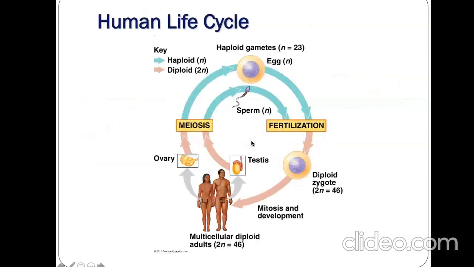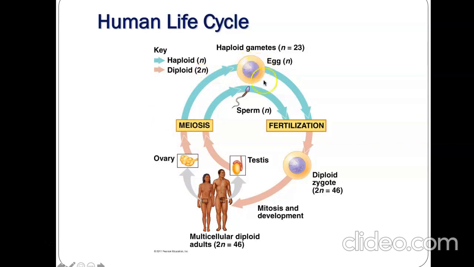I have a real good picture here for you. Here's a woman, here's a man. She has ovaries, he has testes. Inside of her ovaries, meiosis is occurring to form eggs. Inside of his testes, meiosis is occurring to form sperm. So you got your woman with her eggs, your man with his sperm.